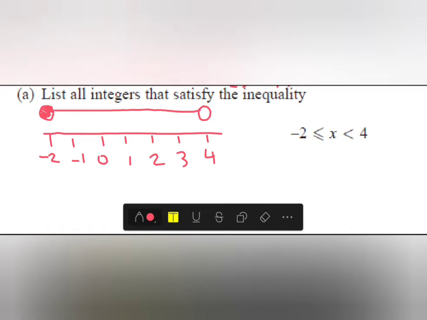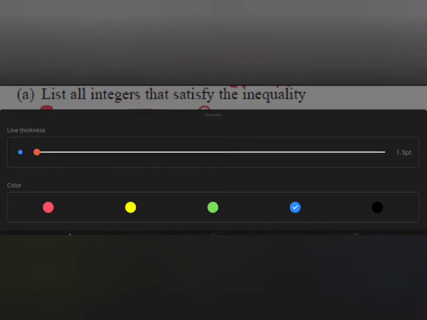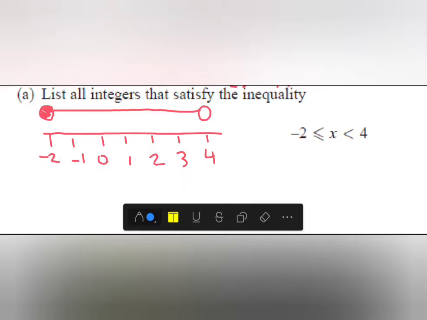Now I need to know what are the integers that satisfy this. Now let me change the color. Okay, I'll use blue. Now I can see that -2 is included here because the circle is shaded, so -2 is included in the integers. And then I'll go until the 4, before the 4, and the 4 is not included because the circle is not shaded. I can see the integers here in the middle of this blue line.